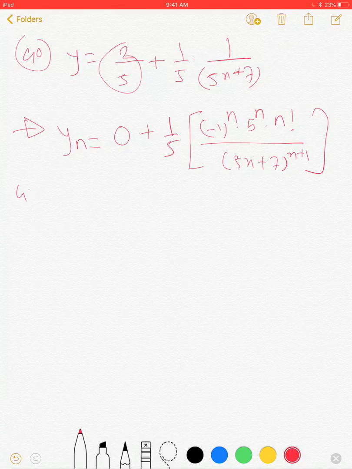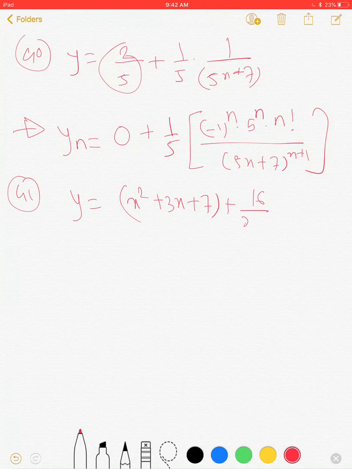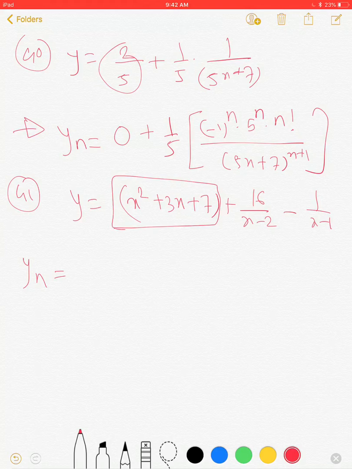Next question, that is question number 41. In question number 41, the function y is x square plus 3x plus 7 plus 16 upon x minus 2 minus 1 upon x minus 1. So this is again a simple question. x square plus 3x plus 7 is a polynomial, its third derivative becomes 0.